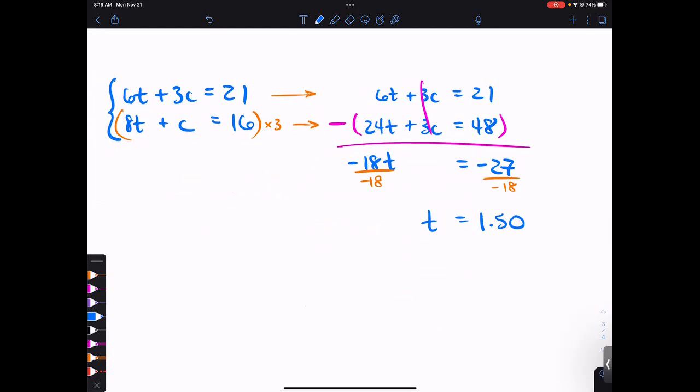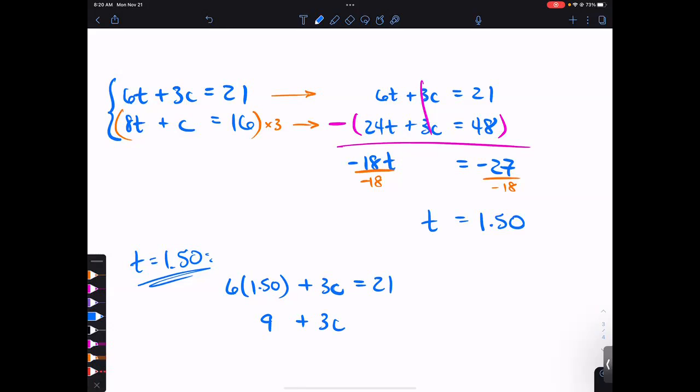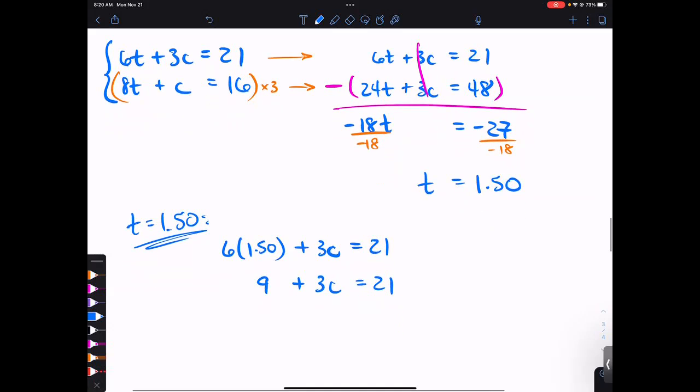If T is 150, then either equation is fine. 6 times 150 plus 3C is 21. That's 9. So 3C is 12.